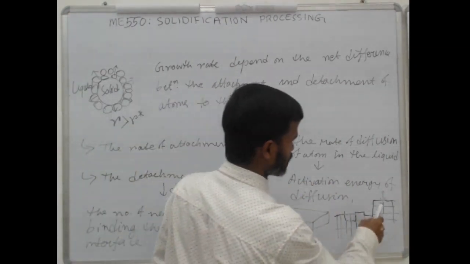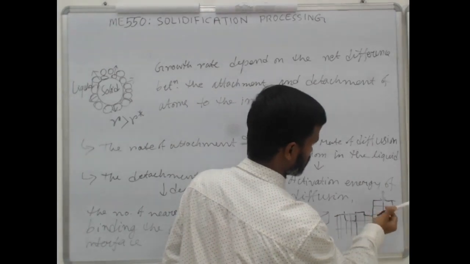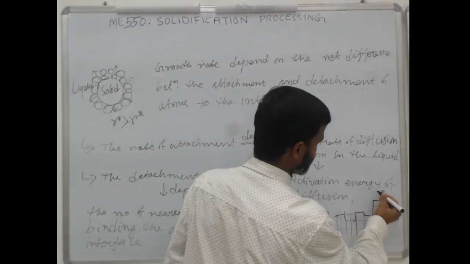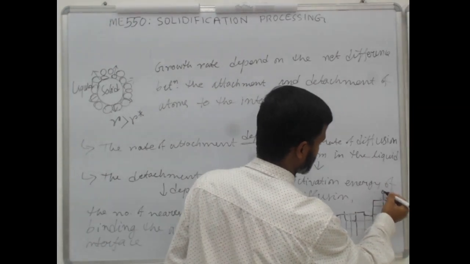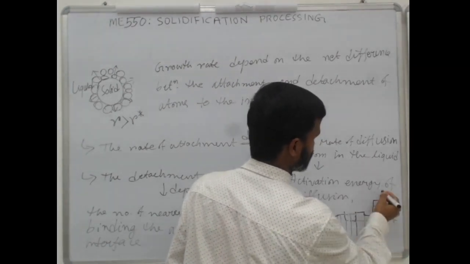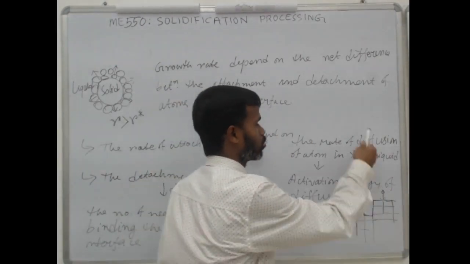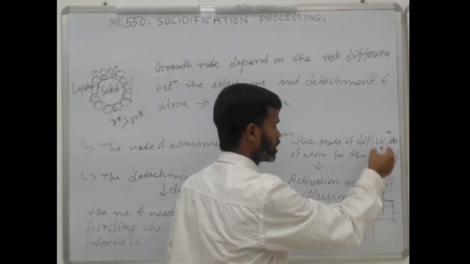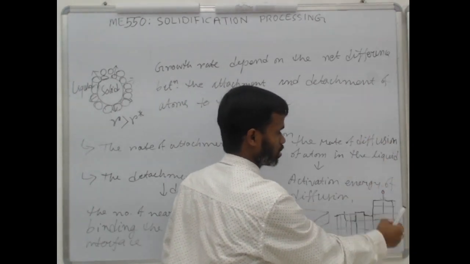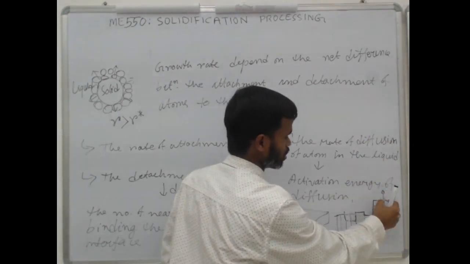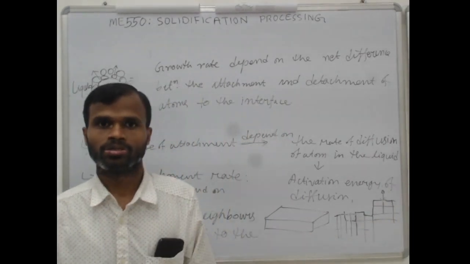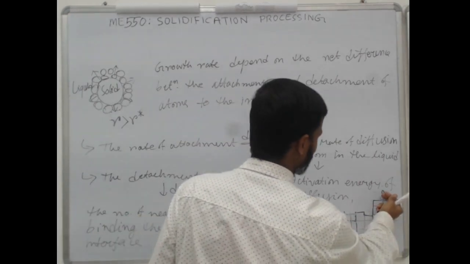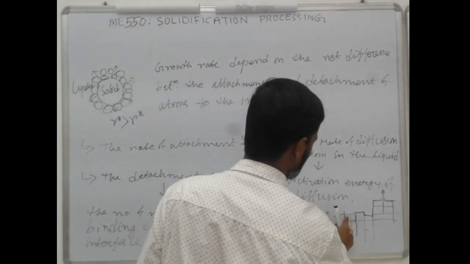If the atom is here, then you see in the liquid it has more neighbors binding the atom, so it will try to go back there. The pull back is stronger than the pull in the solid direction, so it will have a higher probability of getting detached than this one.